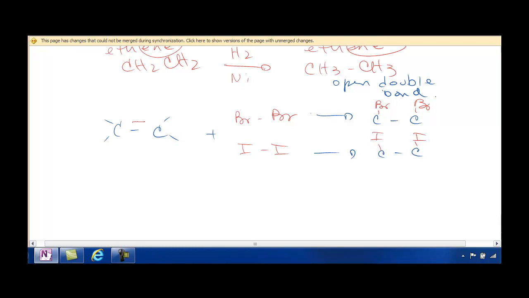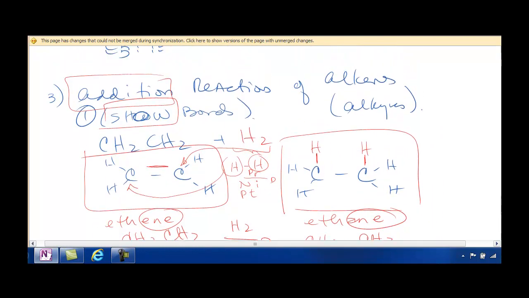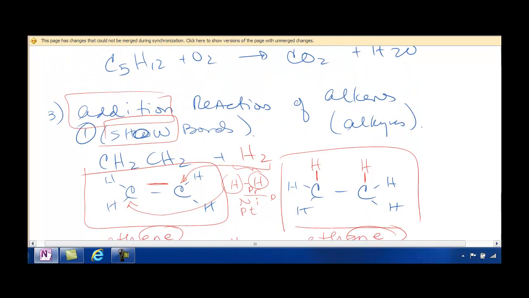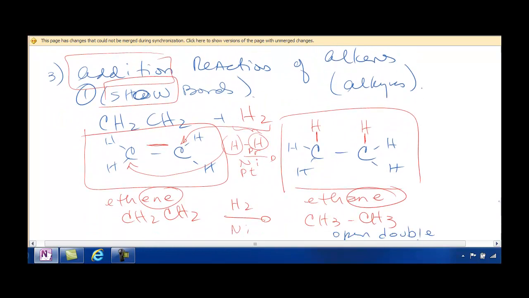If I had an H and an H and an H and an H, I still have an H and an H and an H and an H. They don't change. That is called addition, not of hydrogen. When you add hydrogen, that's a hydrogenation.